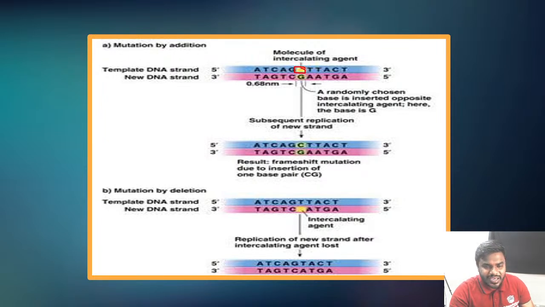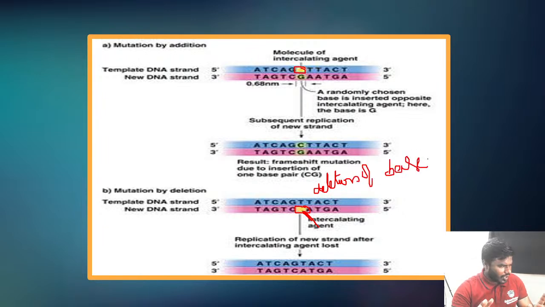And in case of a deletion, what happens? Whenever the intercalating agent is introduced at one particular area, suppose I have removed that intercalating agent during the process of replication. What happens, friends? There will be a complete deletion of the base. Friends, it's common, right? All of you listen.